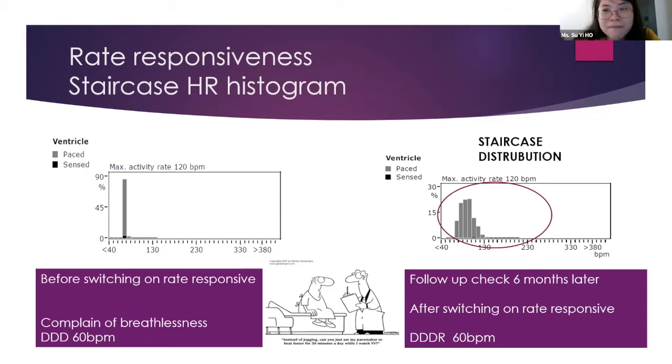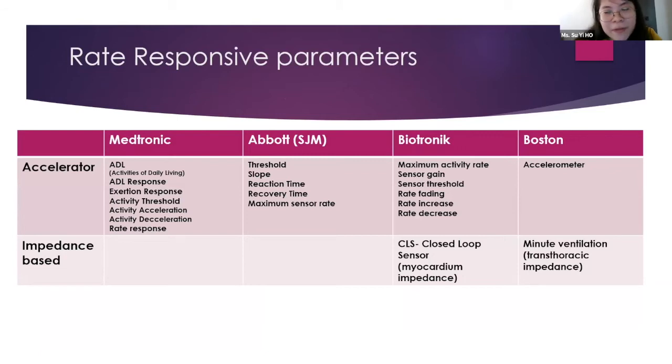breathless. So I have summed up a table of the rate responsive parameters used by the 4 different device companies. Basically, they use two types of indication on how to respond.